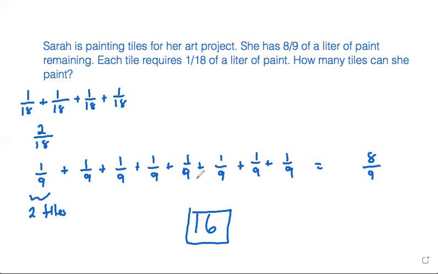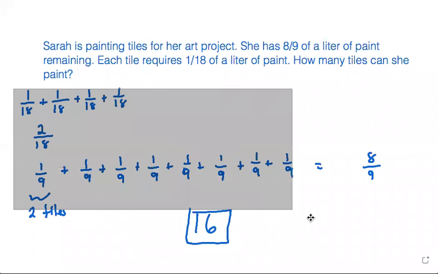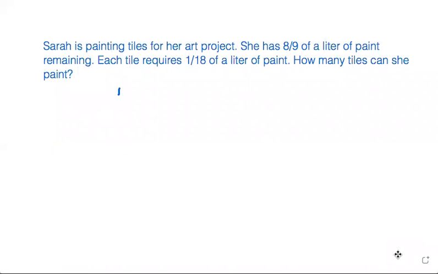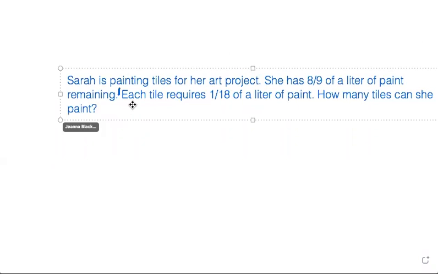If you wanted to use more of a formulaic kind of method, let me get rid of some of this.